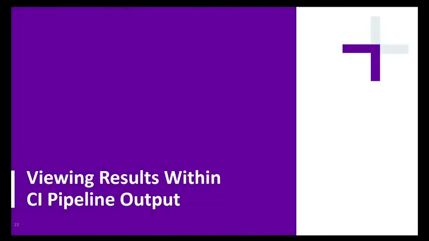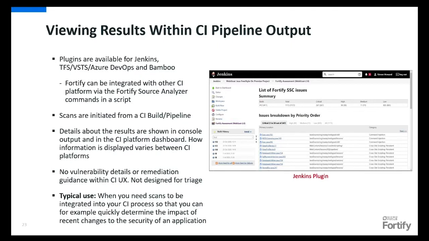So let's look at viewing results within a CI pipeline, or CI build, if you like. So Fortify has plugins for several CI platforms, including Jenkins, Azure DevOps, VSTS, TFS, and Bamboo. If you don't have one of those, you can still integrate with your pipeline, for example, with TeamCity, using the Fortify Source Analyzer commands.